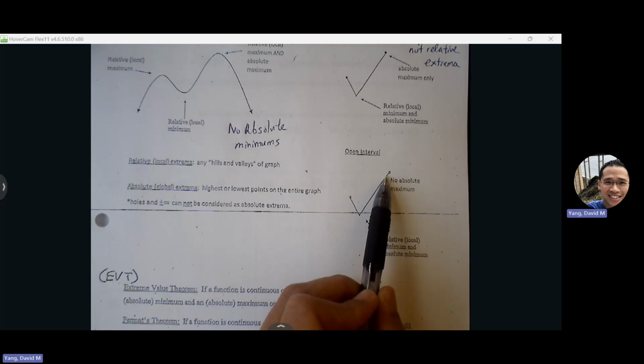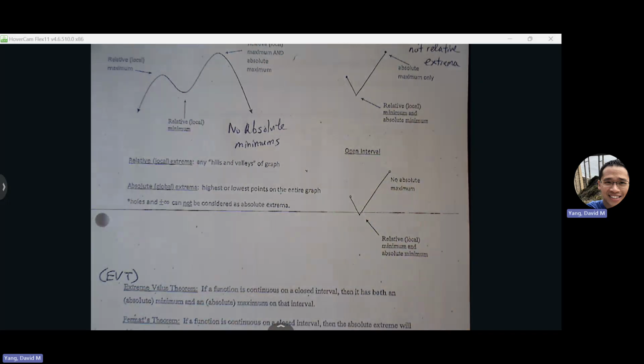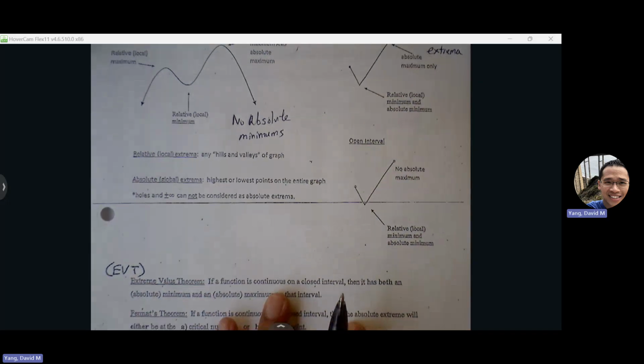If I pick a point 4.999, I could pick a point even closer by just adding another 9 to the decimal. So here we can get infinitely close towards that highest point, but we can never pinpoint a specific number. So if there's a hole, we get infinitely close to it, but we don't have an absolute maximum value.